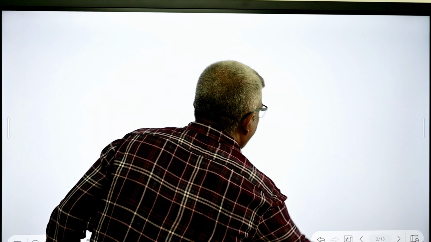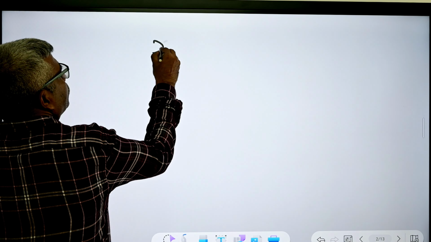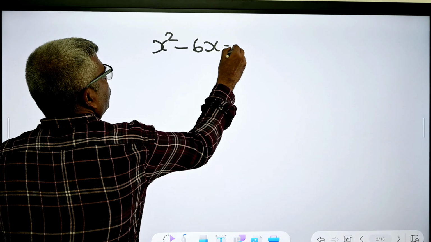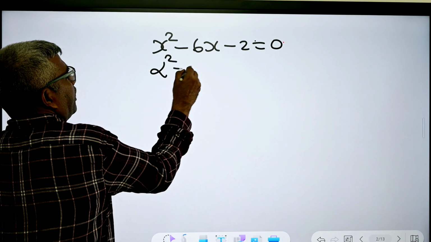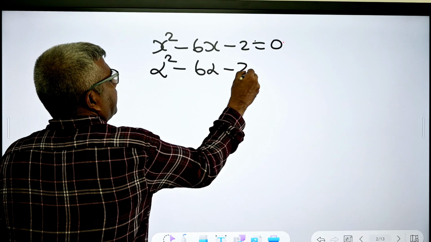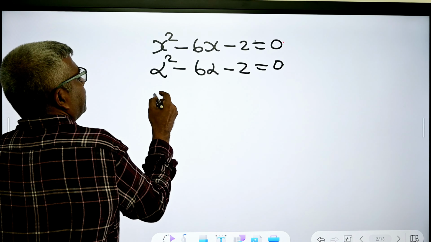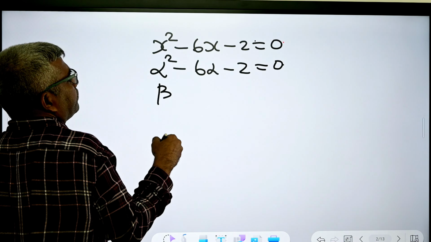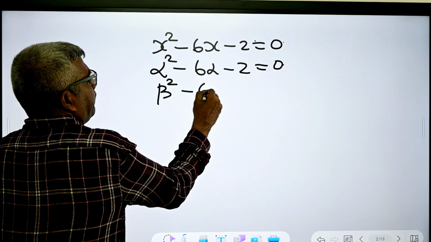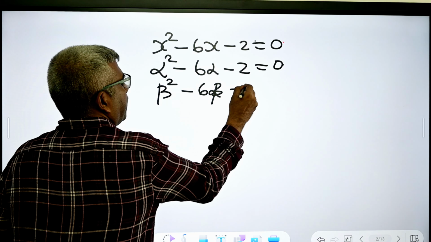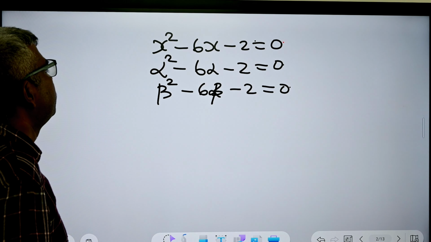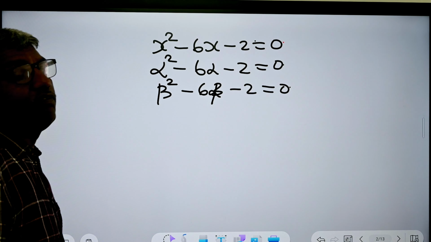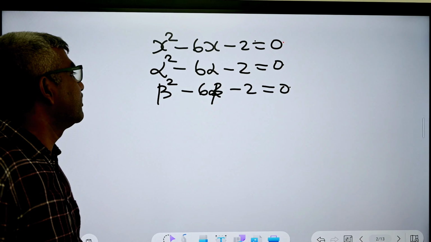Let us do it. X squared minus 6x minus 2 equal to 0. Alpha is one root, so alpha squared minus 6 alpha minus 2 is equal to 0. Then beta is another root. Beta squared minus 6 beta minus 2 equal to 0. Now we want power 8, 9, 10.